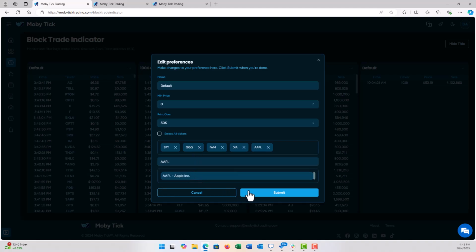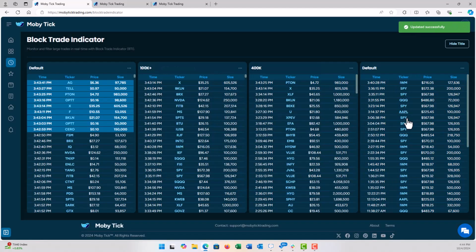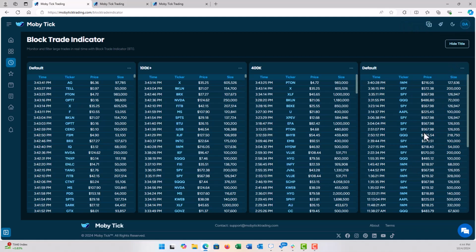And then if I choose submit here, and this is over 50K, we can see that, then those are all here. Okay, and then I can adjust the share size if I wanted something larger for those.